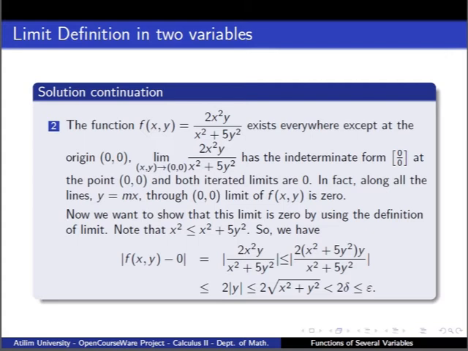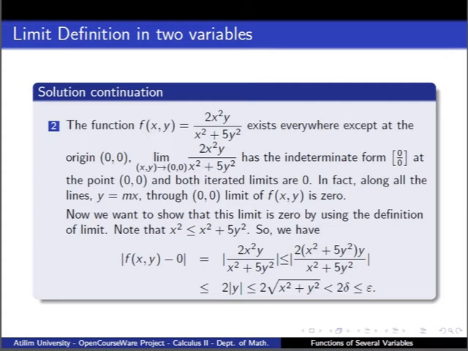But now to show that this limit is 0 by using the limit definition of functions of two variables, the epsilon-delta definition, and remembering that x squared is less than x squared plus 5y squared, we obtain that the absolute value of f(x,y) minus 0 is less than 2 delta.